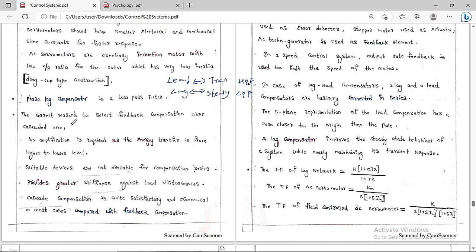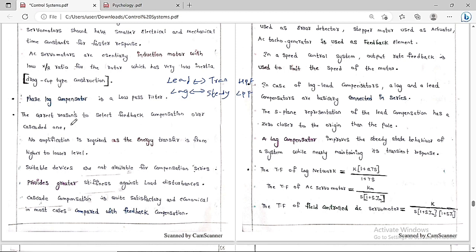With the help of feedback compensation, it is going to provide greater stiffness even against any load disturbances. Whereas the cascade compensation is quite satisfactory as well as economical in most cases compared with the feedback compensation.